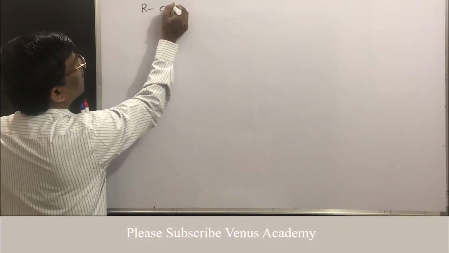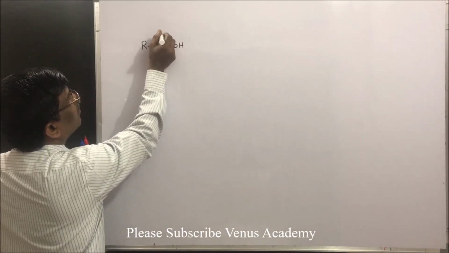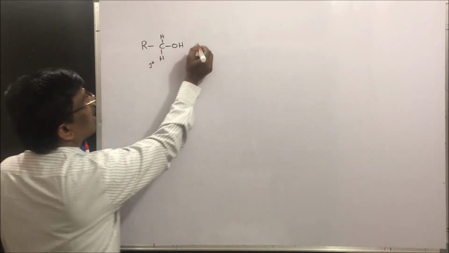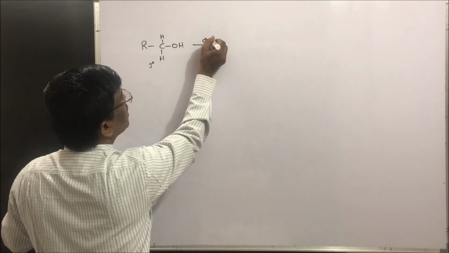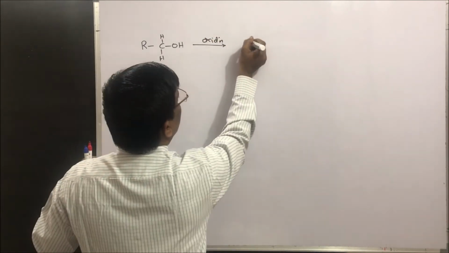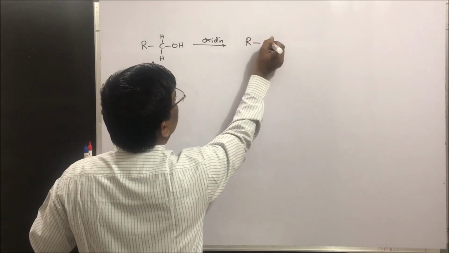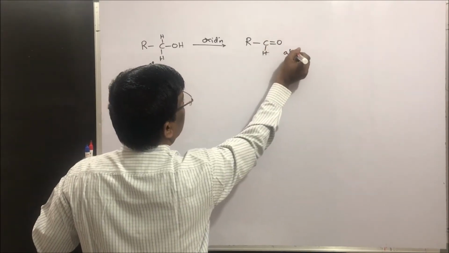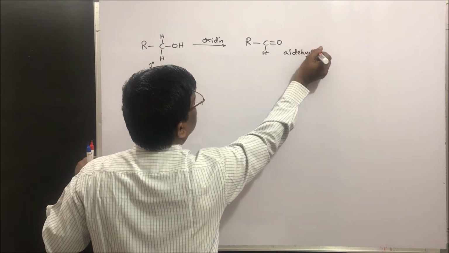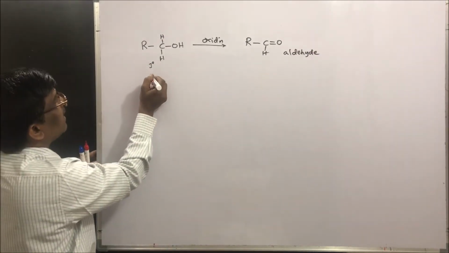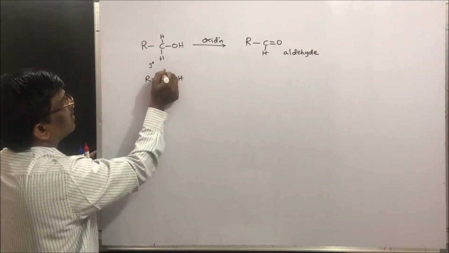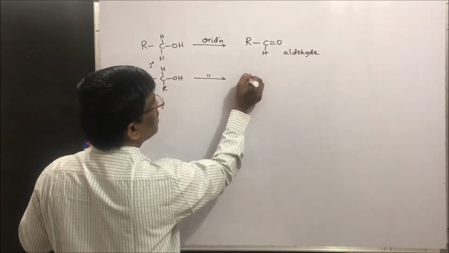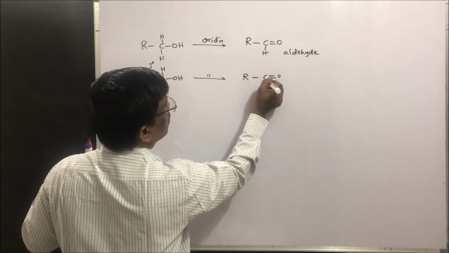If I take a primary alcohol and do the oxidation, I am going to get an aldehyde. If I take a secondary alcohol and do the oxidation, I am going to get a ketone.